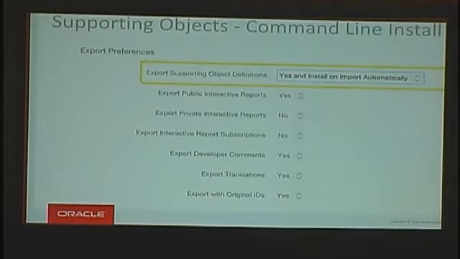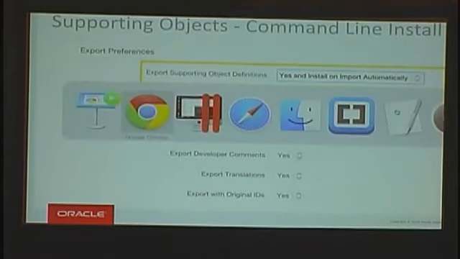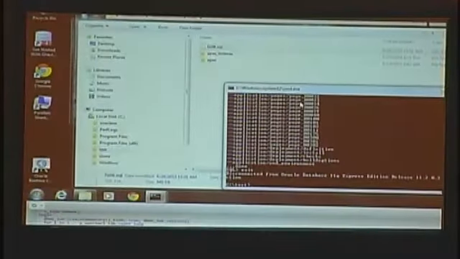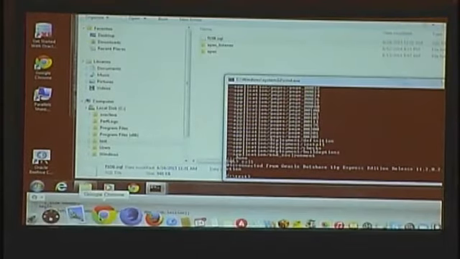So if you have a quick look in my installation here, if we go to supporting objects, before, I already exported the group calendar application, which I had, which will create a number of new tables and packages.